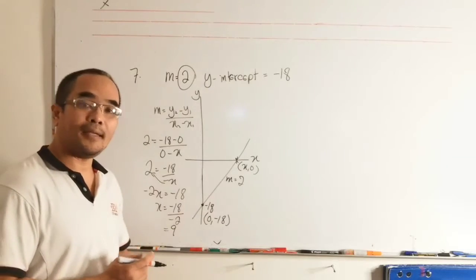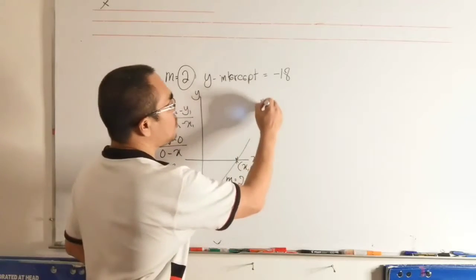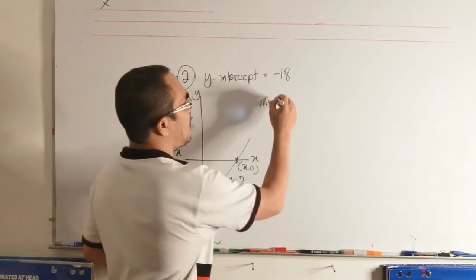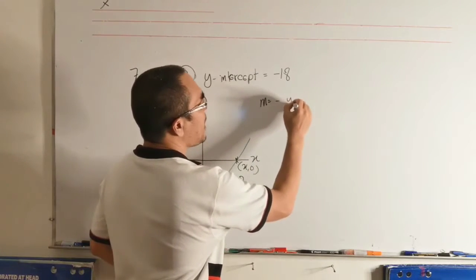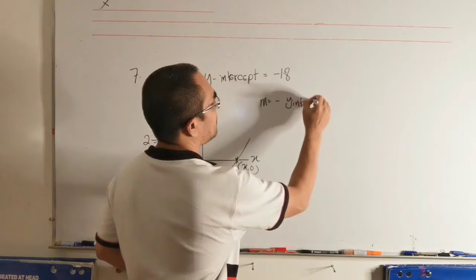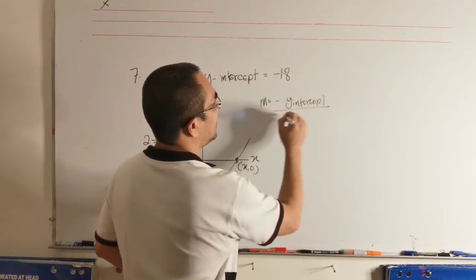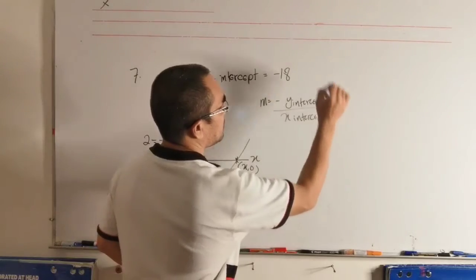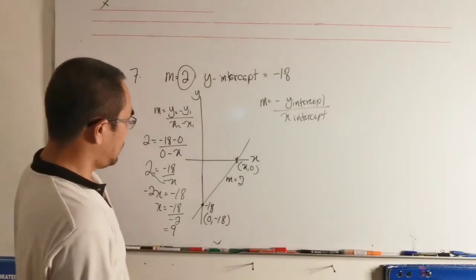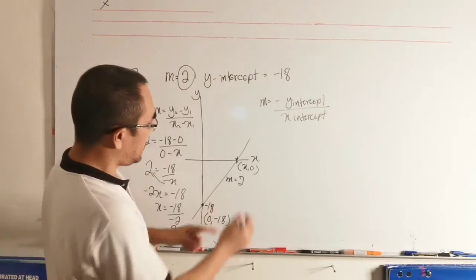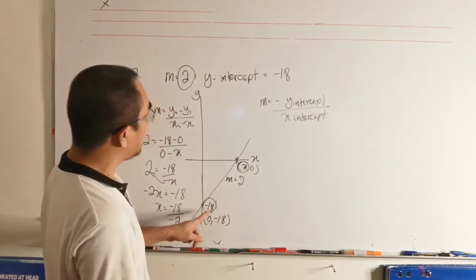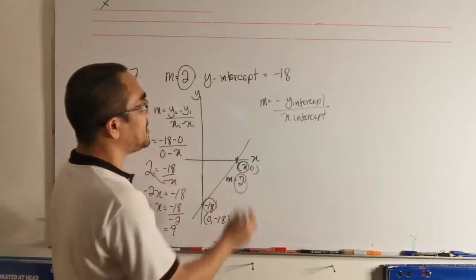The other way is that the gradient can also be calculated using the formula negative y-intercept over x-intercept. In this case, we use this as x and the y-intercept as negative 18, and the gradient is 2.